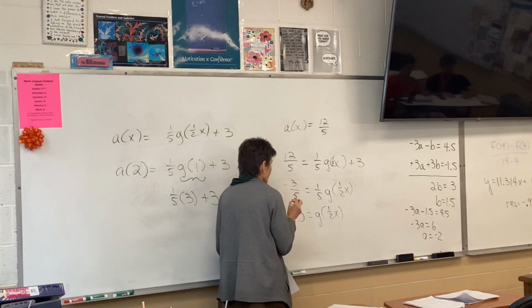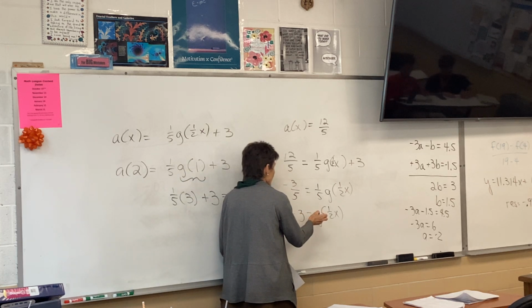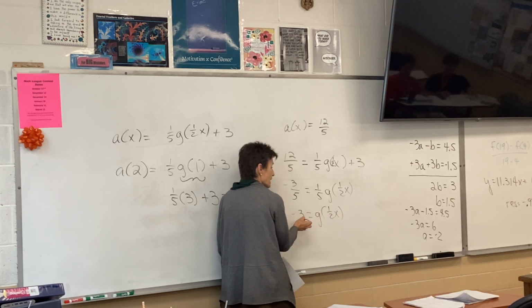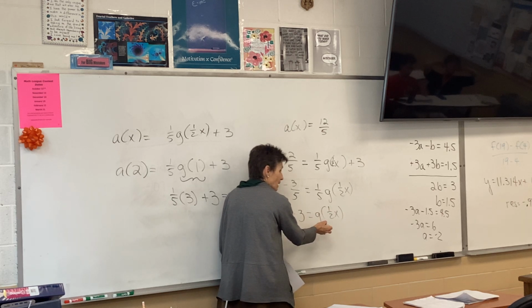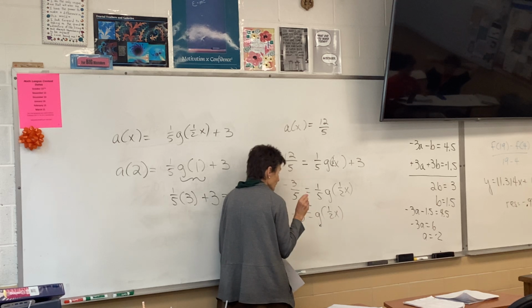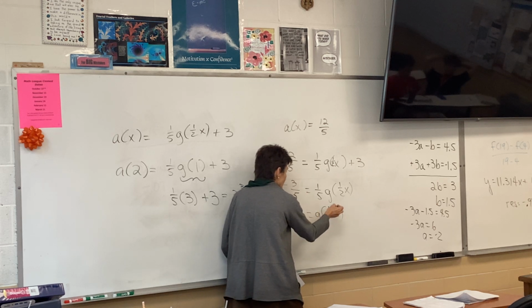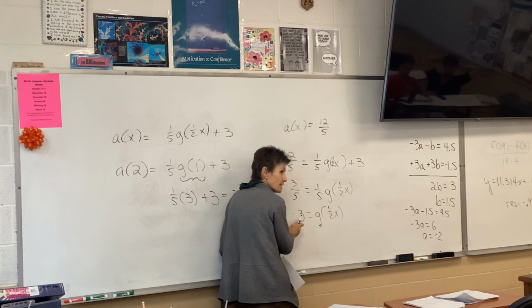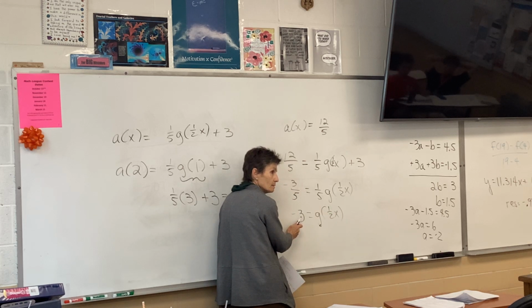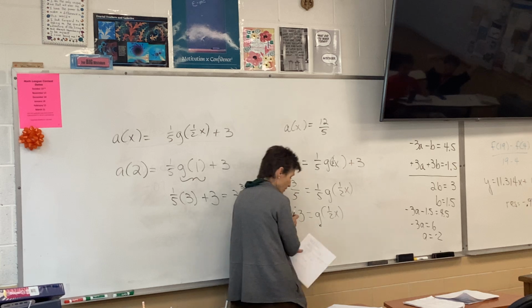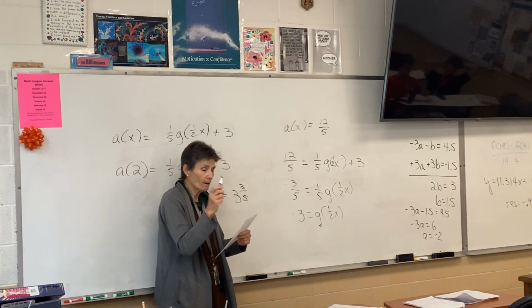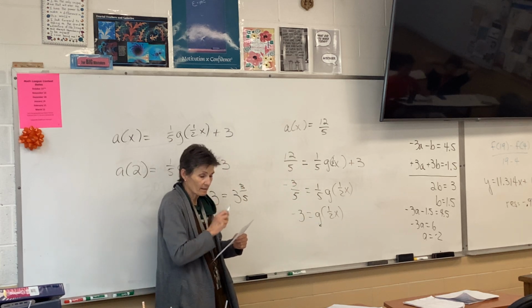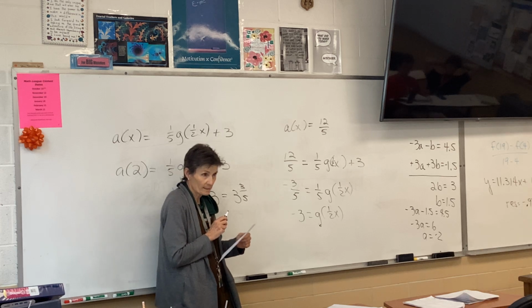And so now we want to stop for a minute and think. This says g of something is negative 3. So we're now g, right? This is the g function, which is in our table. And this says g of something is negative 3. Look at your chart. G of what is negative 3? Negative 3.